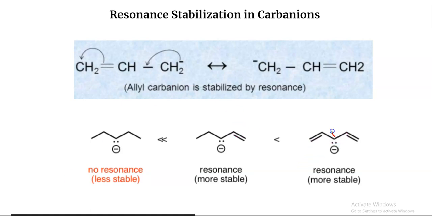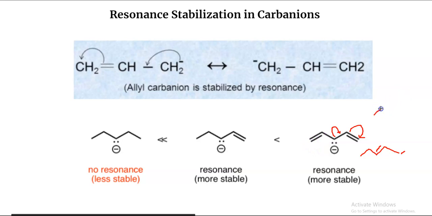So what you can do is move this here and then move this here. Let's try to draw it better this time. You can create a pi bond here and a negative charge here. That's one. Other, you can also move this electron here and the pi bond here at the end.